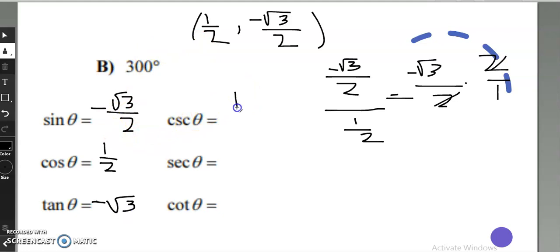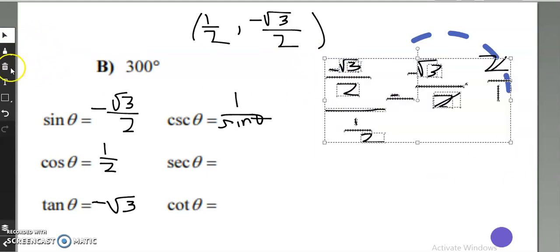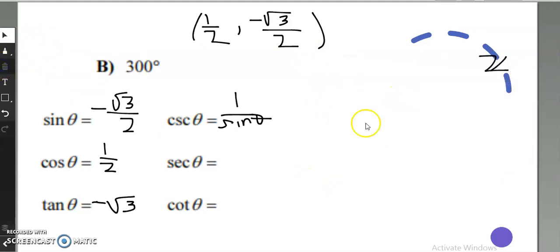Cosecant is 1 over sine. So again, I'm going to have to make more room. Basically I'm just going to flip it.